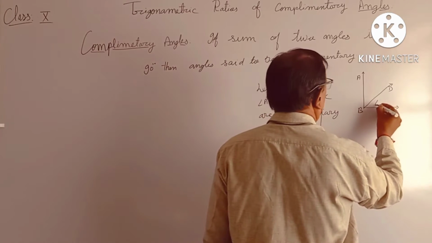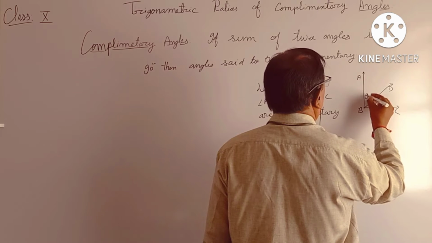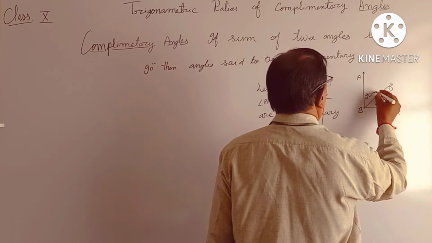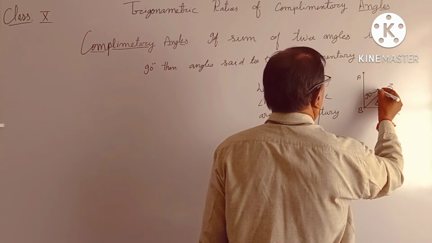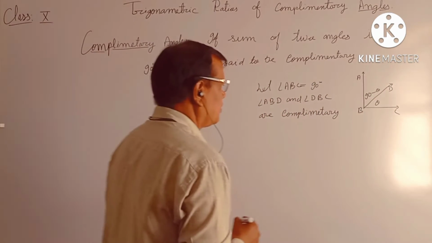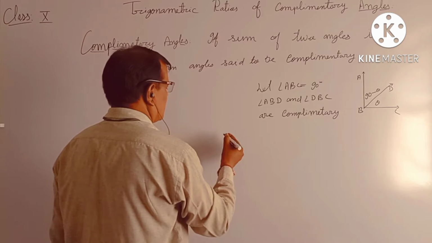If one angle is theta, then the other will be 90 minus theta. Or we can say theta and 90 minus theta are complementary.